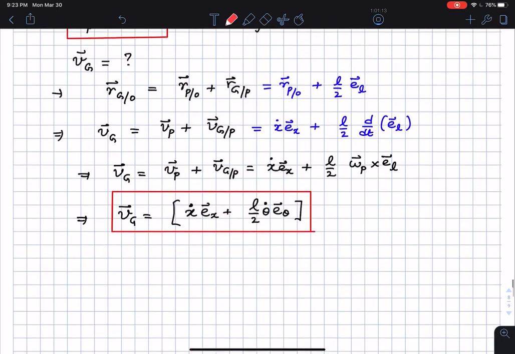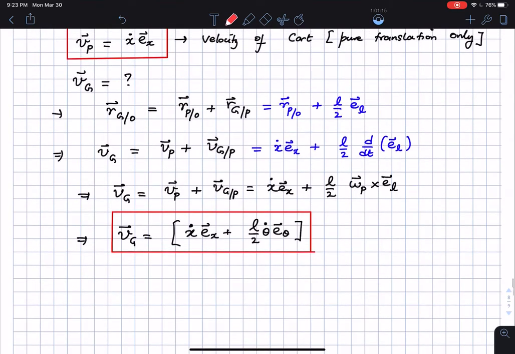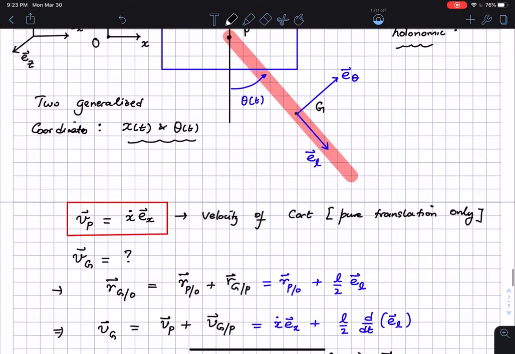The important thing is this: I have to do a coordinate transformation from Ex to EL and E theta. If I look at the coordinate frame, EL, E theta, and EZ coming out of the page is my coordinate frame.